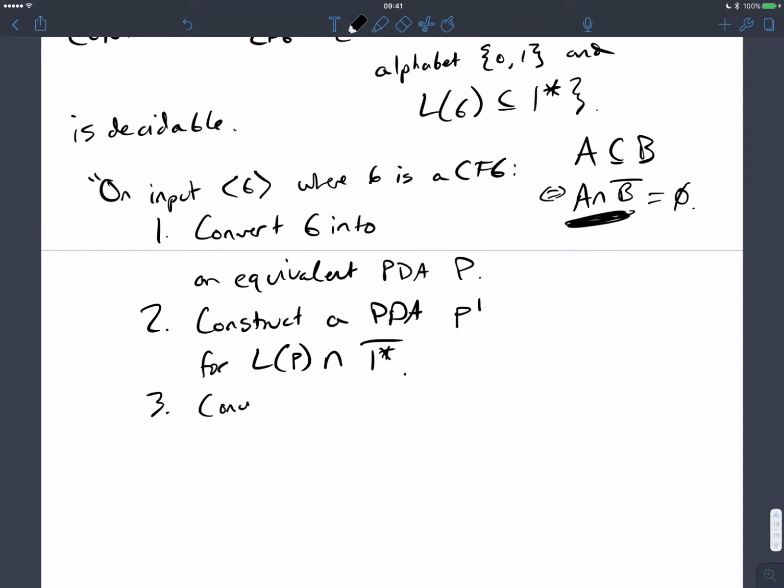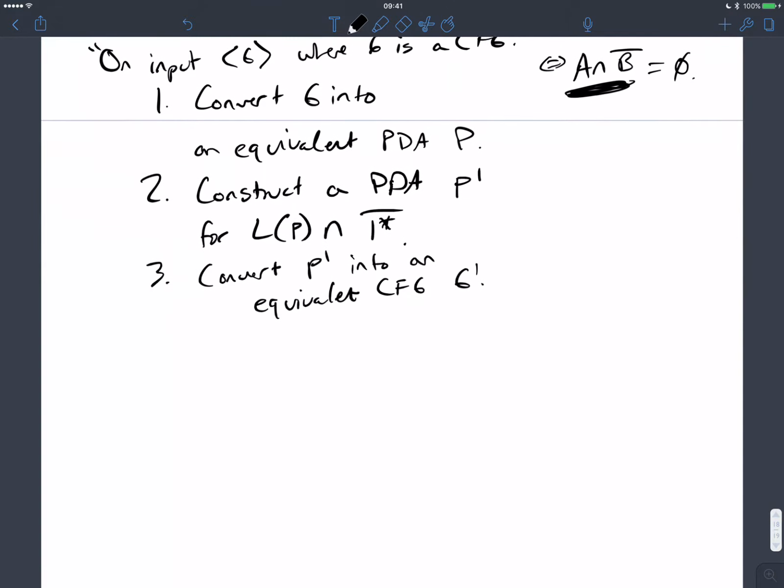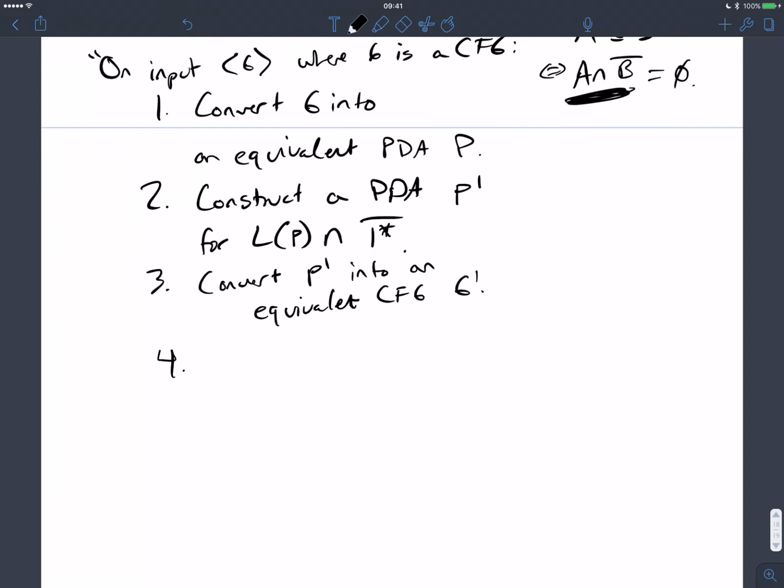So convert P prime into an equivalent CFG G prime. Well, how do I determine whether or not G prime's language is empty or not? Perfect. So run the decider for ECFG on G prime.